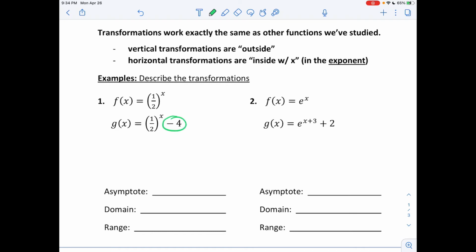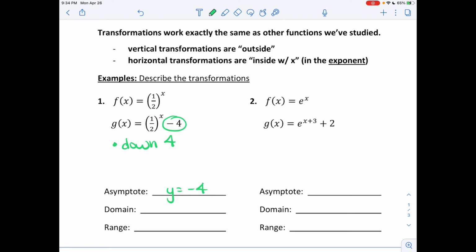Remember, anytime we tack a number on to the very end of a function, positive moves us up, negative moves us down. So this -4 moves me down by 4. That means that my asymptote, which was at y equals 0 for the original function, has shifted down by 4. So my asymptote is now at y equals -4.